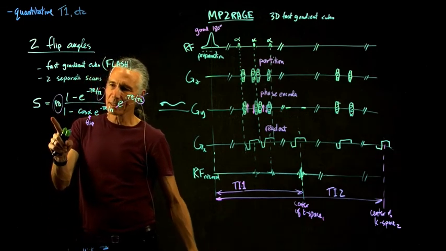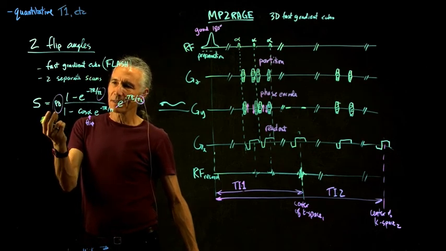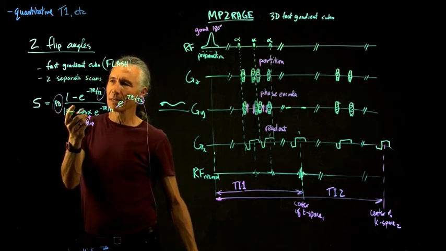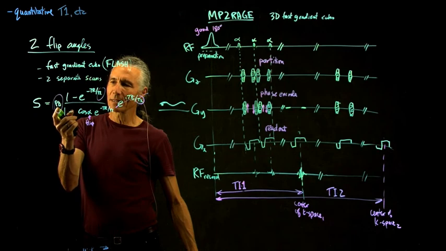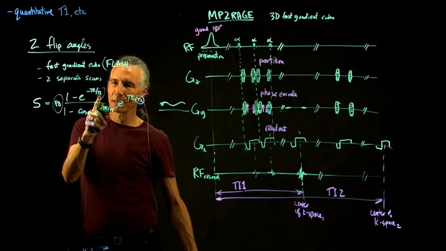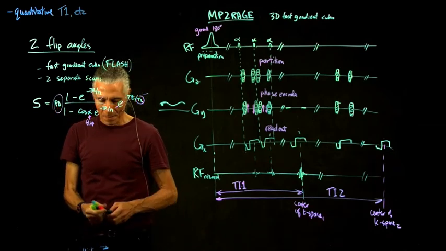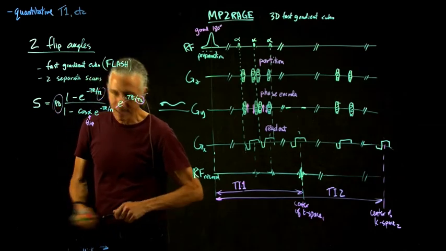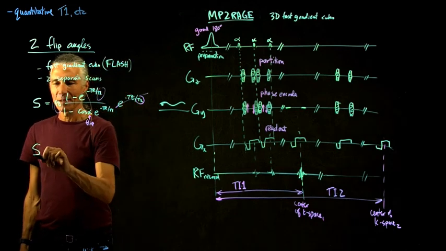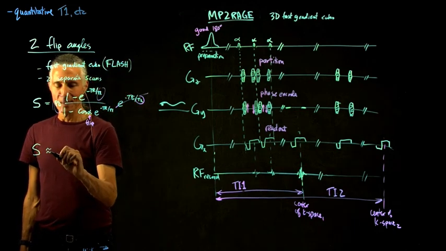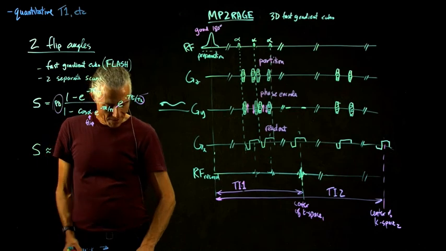So you collect two images, and then you effectively have two copies of this equation. With two copies of the equation, it's possible to simultaneously solve them and figure out what the proton density is and what the T1 is. I'll talk about this in more detail, but it turns out this is the most amazing thing to me.